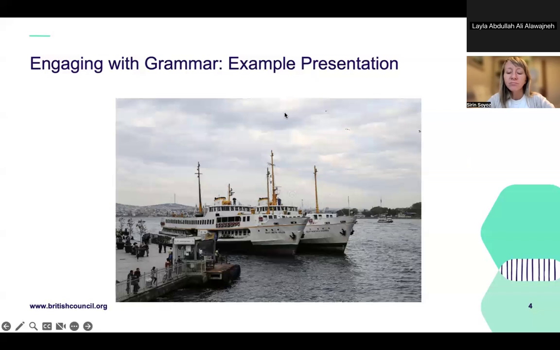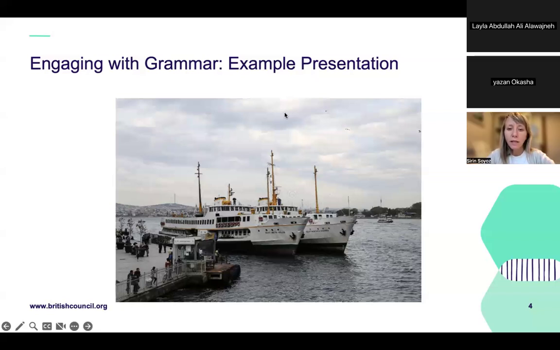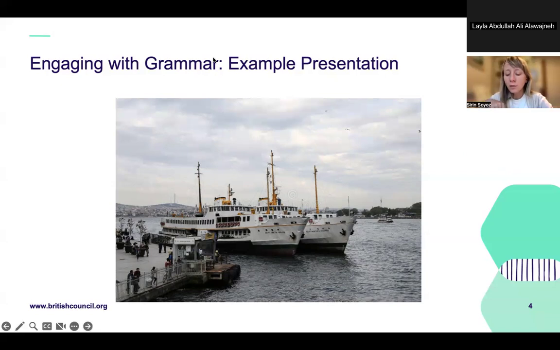I mean, this is how it looks now, and it was more or less the same. Yazan? Okay. Yes. Did you take the ferry many times to Europe, or did you use another transportation means for going to Europe? Yes, I used other forms because I took one minibus to go to the ferry.